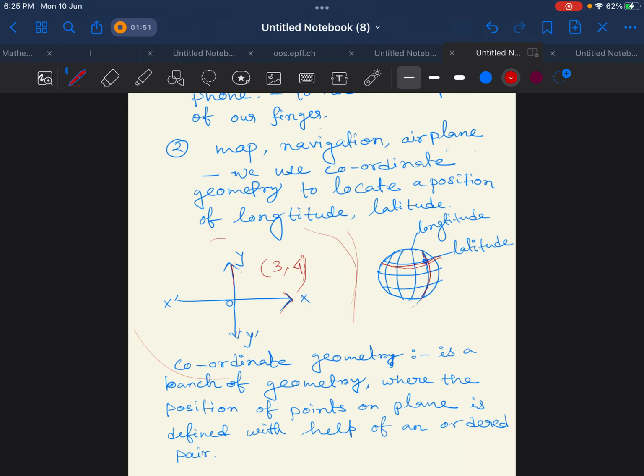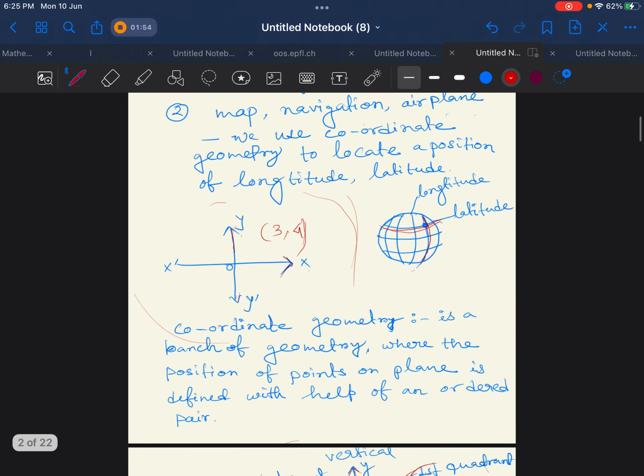We use coordinate geometry to calculate a position using longitude and latitude. These lines are latitude and these lines are longitude. Okay. So when we find a location on earth, this is a point, we have to locate this point.